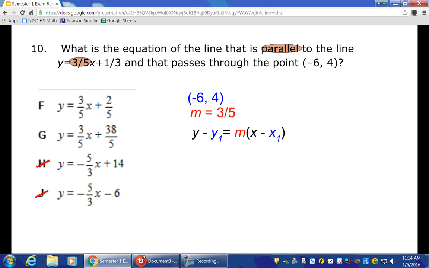So I'm going to plug in for x1, y1, and m. So y minus 4, because 4 is my y1 value, equals 3/5 times x minus a -6.